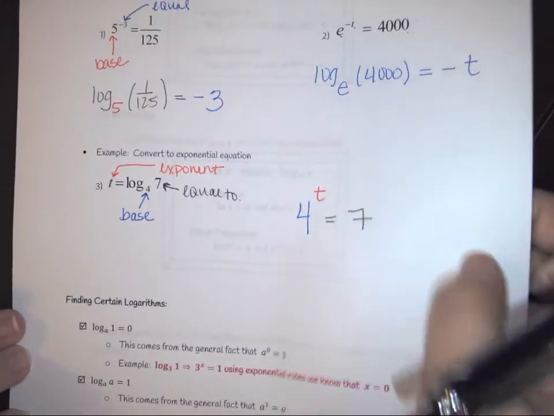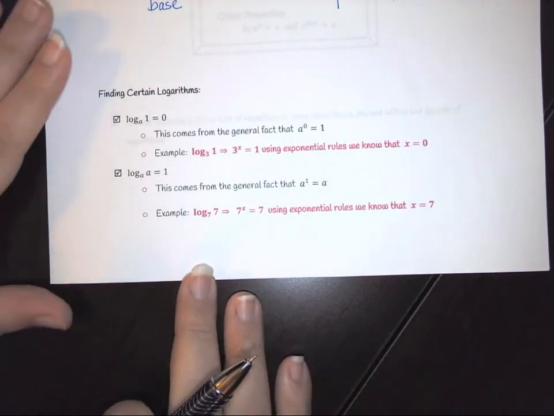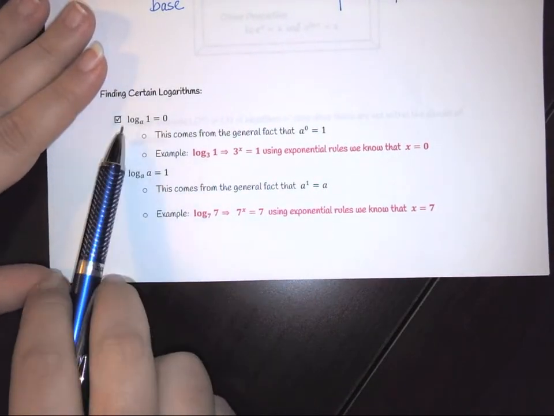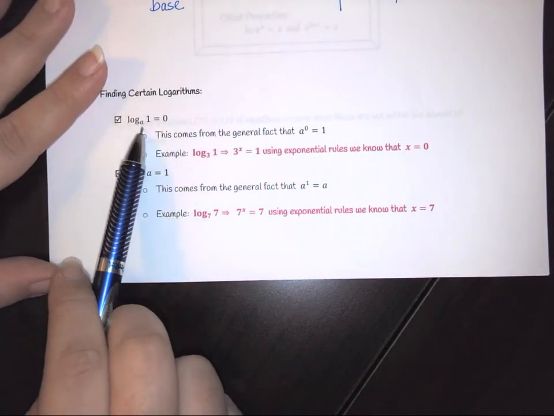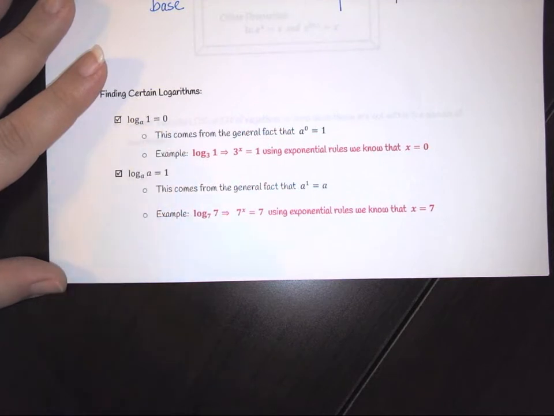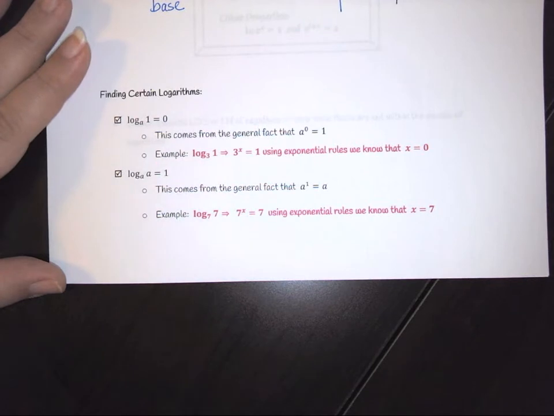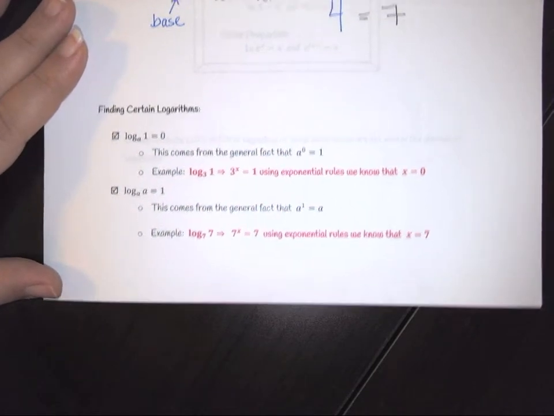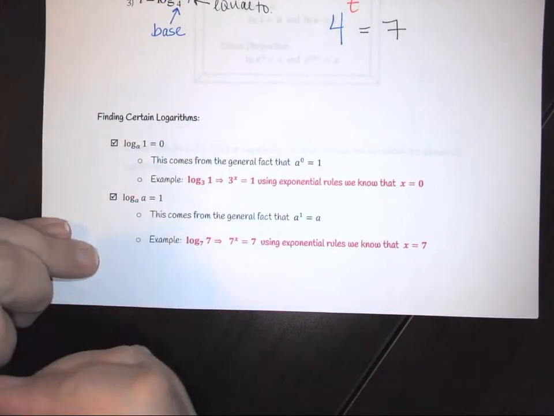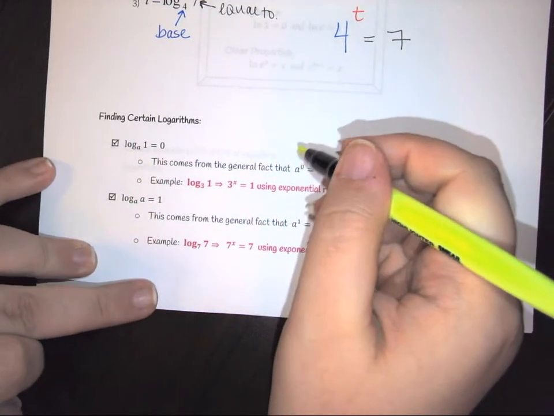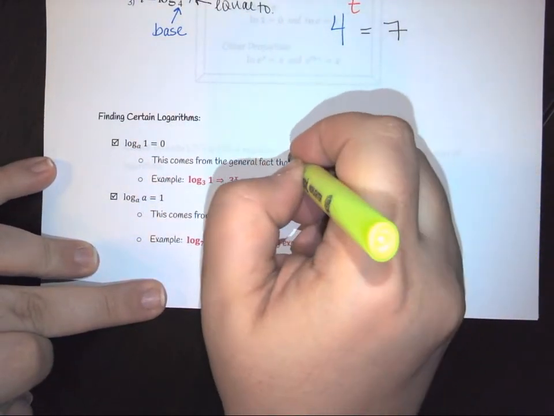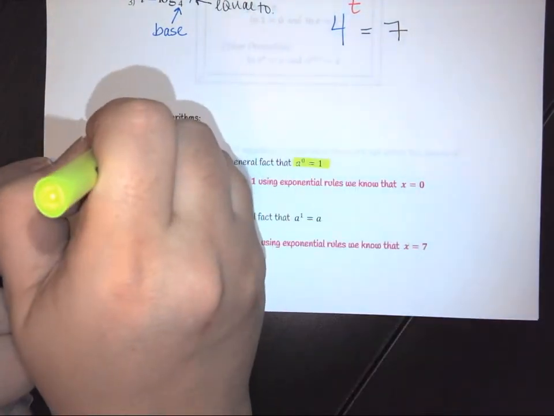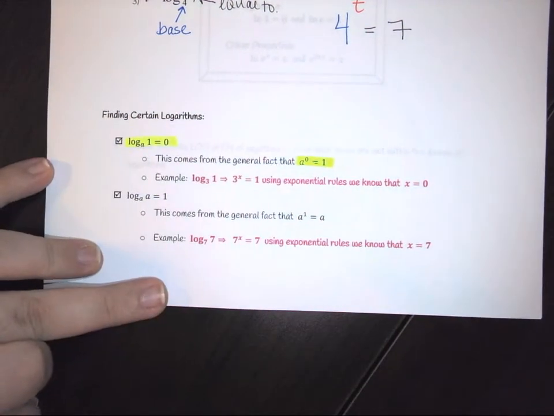Now, there's a couple rules that you just need to know. Log base anything of 1 will always give you a 0. This comes from the idea that a to the 0 equals 1, so this is just a fact you need to remember.